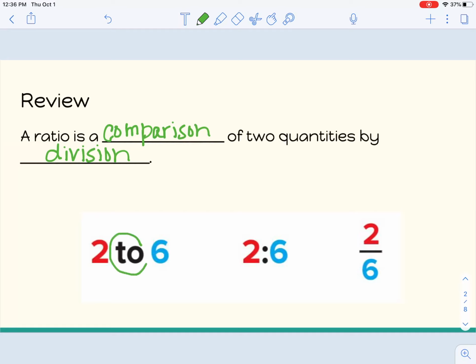First, we can use the word: 2 to 6. We can otherwise use a colon to write a ratio. That's also said 2 to 6. And it can be written with the division symbol or fraction bar right here, 2 to 6. So that is a review of the three ways to write a ratio.